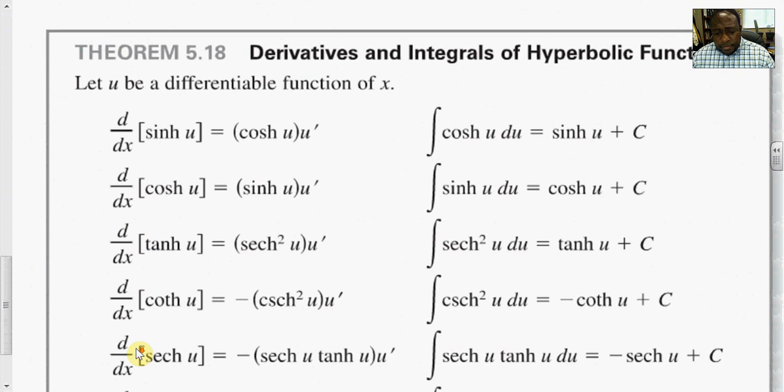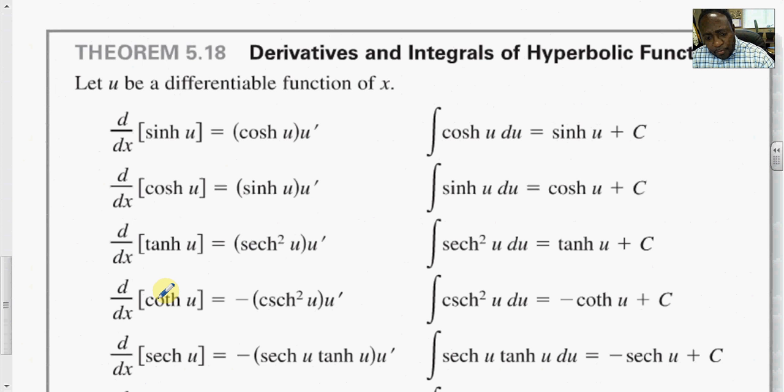The derivatives of the 6 hyperbolic functions here are very similar. The only difference is in terms of those negative signs, and the way I keep this in my head is that the derivatives of the 6 hyperbolic functions are similar to the derivatives for the trigonometric forms.